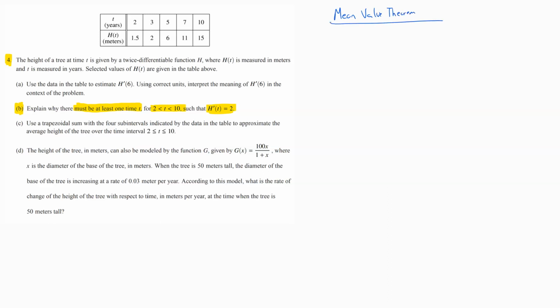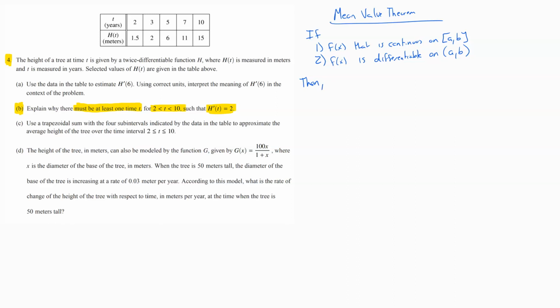And what the mean value theorem says is, if I have a function that is continuous on a closed interval from a to b, and it has to be both of these things, and that function is differentiable on the open interval a to b, if that happens, then I get to draw this conclusion.